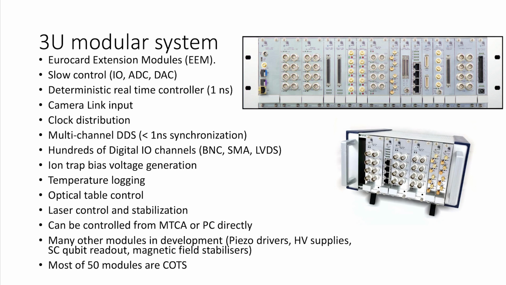There are high-speed digital synthesizers. There are high-speed IOs. There are some camera inputs. Lots of other boards. At the moment, we have over 50 of them developed. Something like 30 of them are already commercialized, and you can buy them from the market. That's why we call it COTS, which means commercial off the shelf.